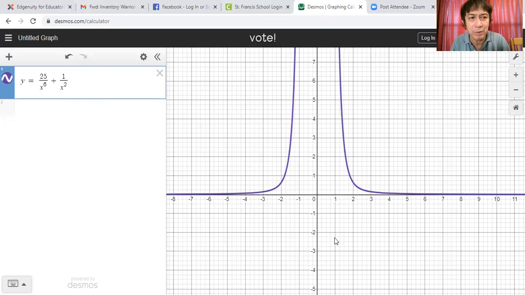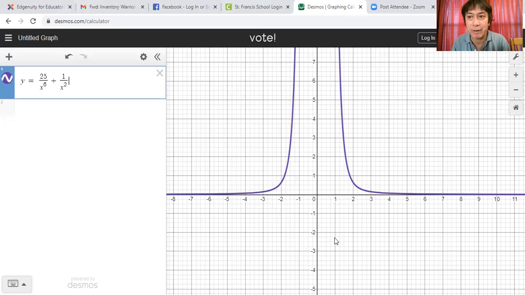So this is how you see line of symmetry using the y-axis. So this is line symmetry. Now later we're going to study the rotational symmetry. So that's it for the even functions.